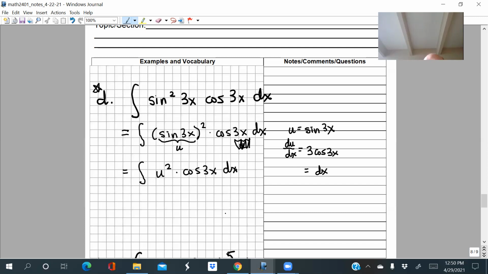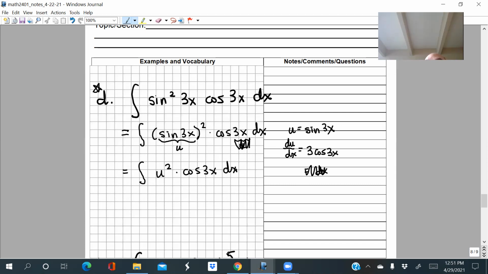What could you do first there? 3 cosine 3x. One second, my screen is not working. Oh, okay. So we differentiate the cosine, so it comes out to minus sine x.